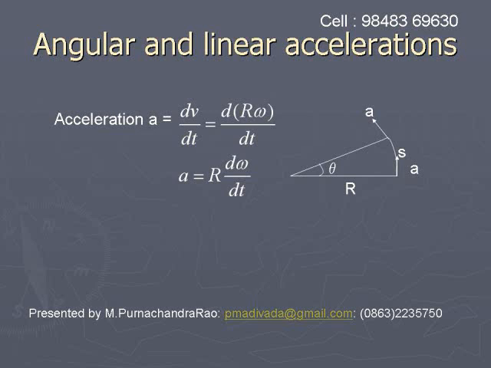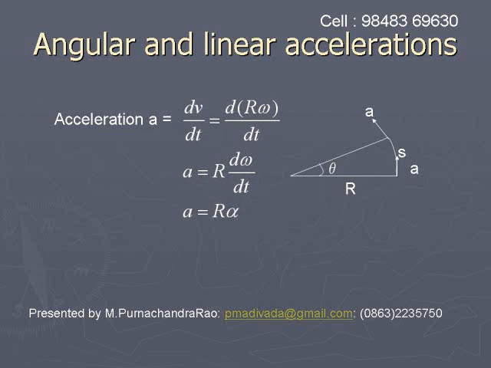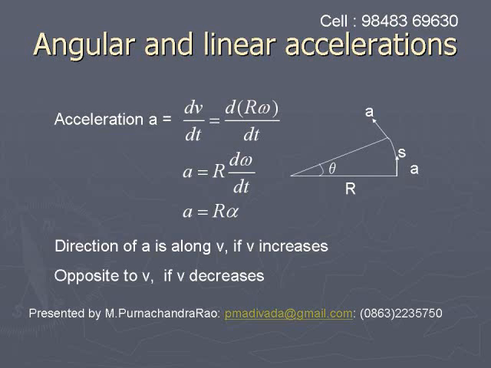But d omega by dt is angular acceleration alpha. So a is equal to r alpha. The direction of this linear acceleration is tangential, and the direction of angular acceleration will be perpendicular to the plane contained by the circular arc.